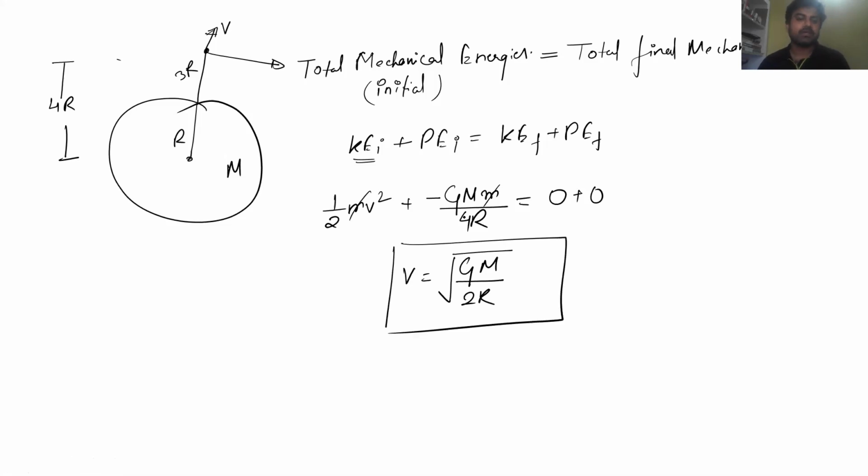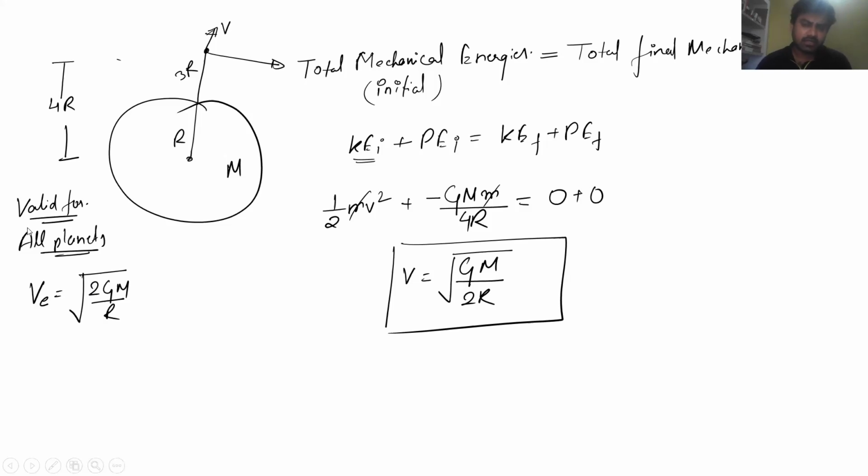This is the long method, or you can just remember the escape velocity formula. Escape velocity is the square root of 2GM by r, where M is the mass of the planet. It is valid for all planets. This formula comes from equating the kinetic energy, half mv squared, with the potential energy of the earth.